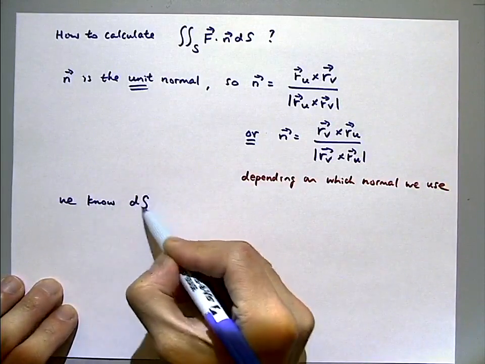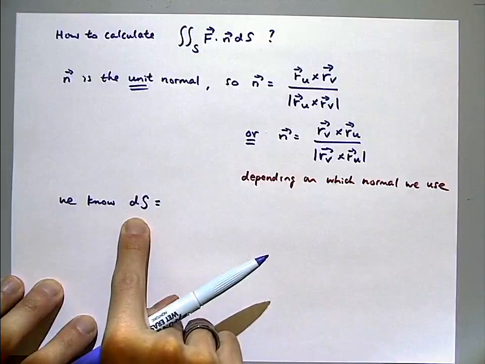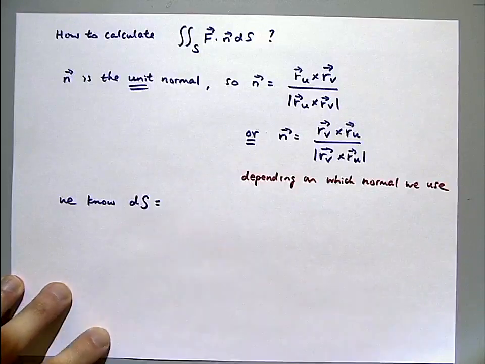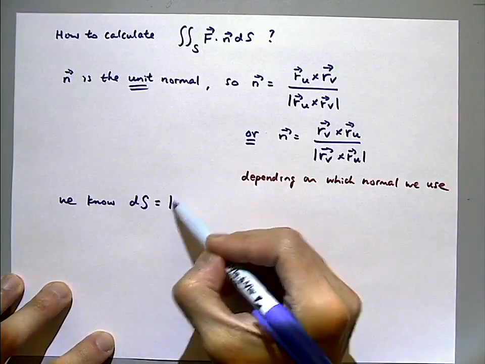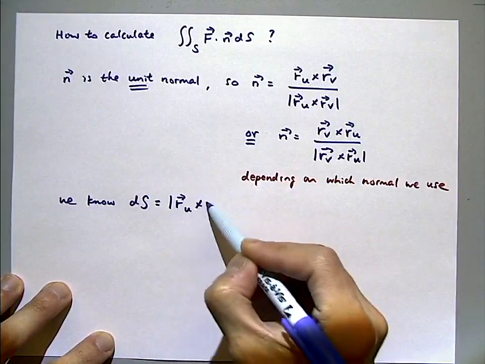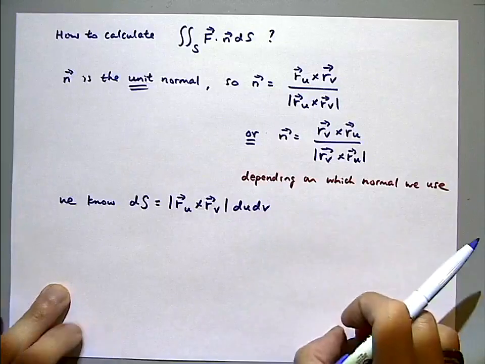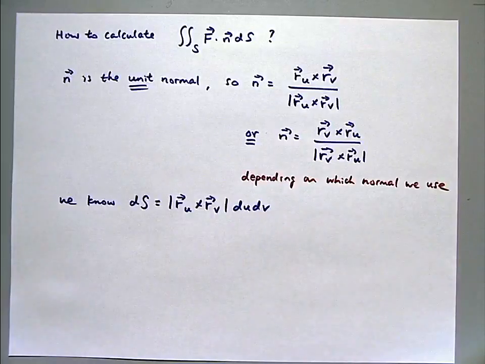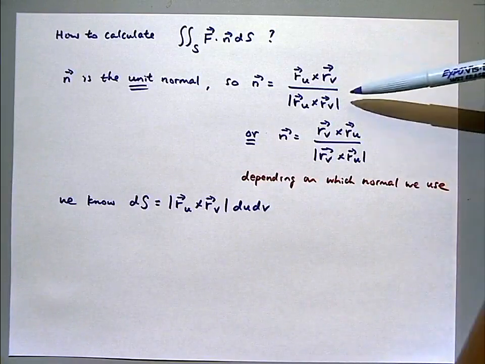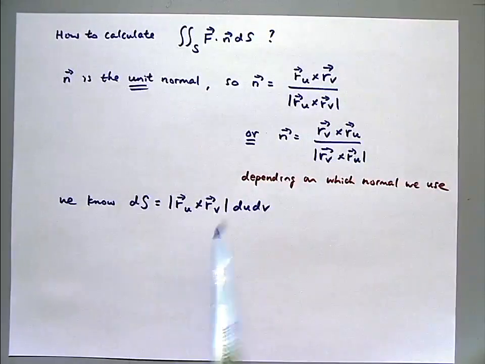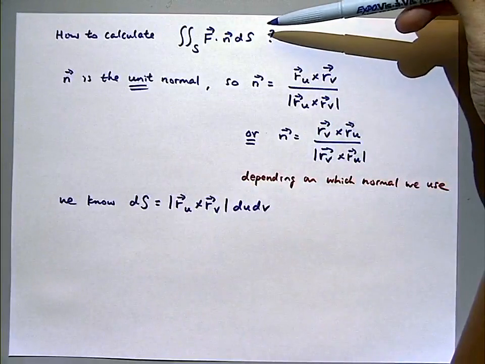We already know that ds, the ds we use in scalar field calculation, is simply the magnitude of Ru cross Rv du dv. So if I take this normal vector into here and the ds into here, I can simplify a little bit.